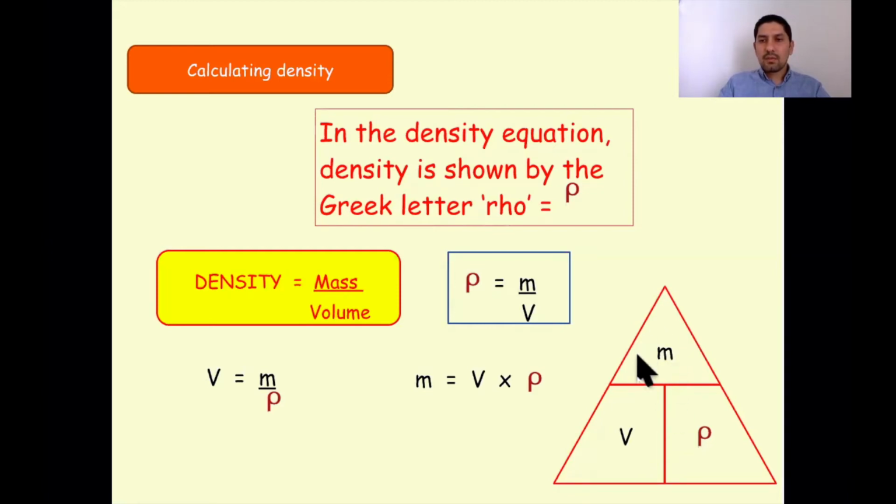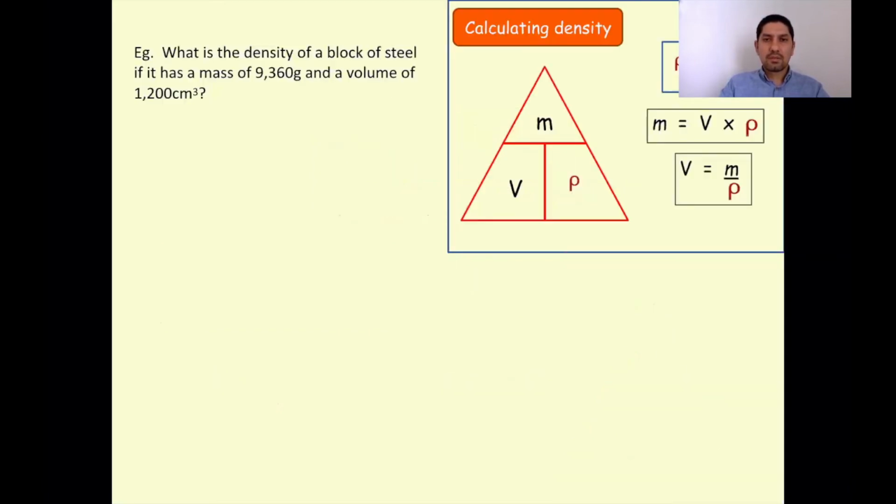If you are asked to find the mass, you just need to cover the mass. So mass will be equal to volume times density. If you want to find density, cover density: mass over volume. If you want to find volume, just cover the volume. So volume is equal to mass over density. So let's use this equation in the coming questions.